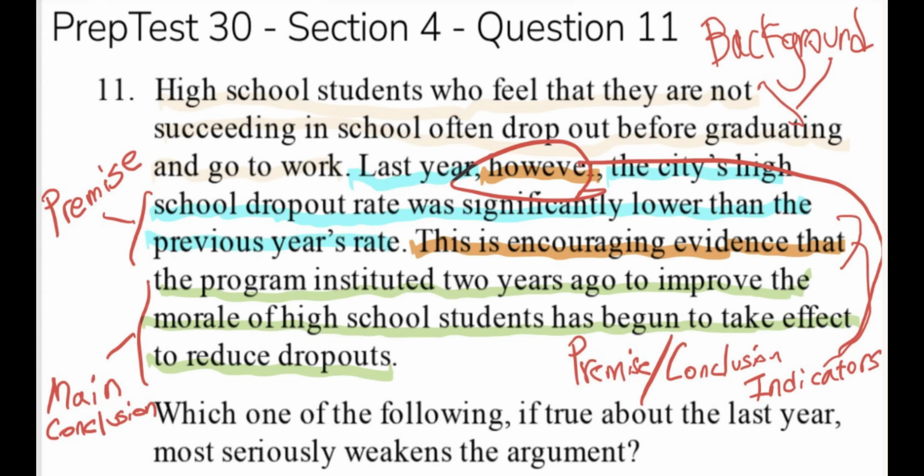This is encouraging evidence that also introduces what particular opinion the premise aims to support, which thereby becomes the main conclusion. Now, additionally highlight however after last year, because it is a background indicating word. However is signaling a rebuttal is coming up, so the preceding sentence cannot be a premise since it is about to be disowned, discounted by the argument. So it is background and should be highlighted in beige.